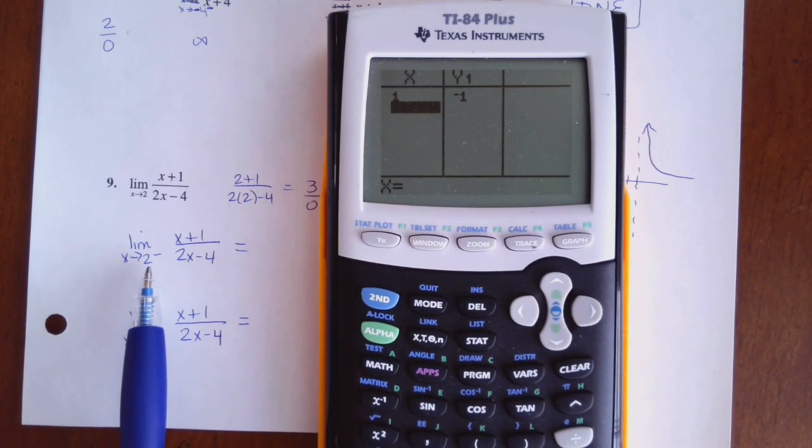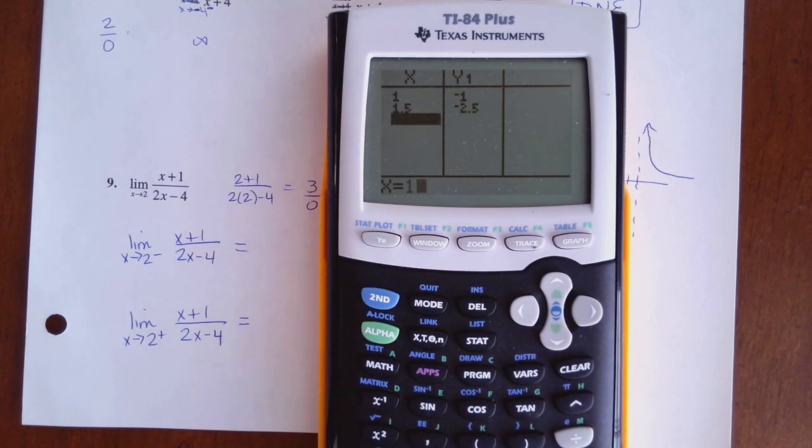Now, that's not really close to 2, so now we want to get closer to 2. So 1.5, 1.9. Typically, if we had our calculator, we'd be doing a lot of 1.9s. So you can see the closer I get to 2, I'm going closer and closer to really big negative numbers, which is negative infinity.